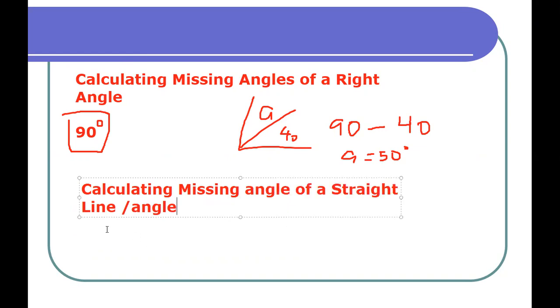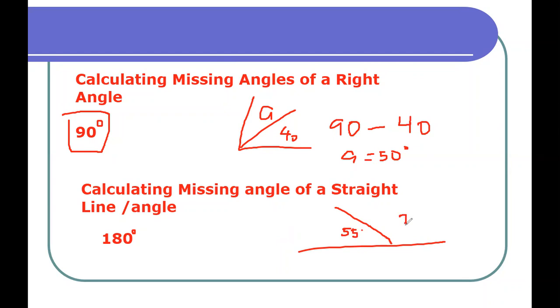Since it's a straight line, you're going to use 180 degrees. It will be the same thing. For example, this is given, and you're going to find this. So simply 180 minus 55 degrees, and then you subtract and find the missing angle.